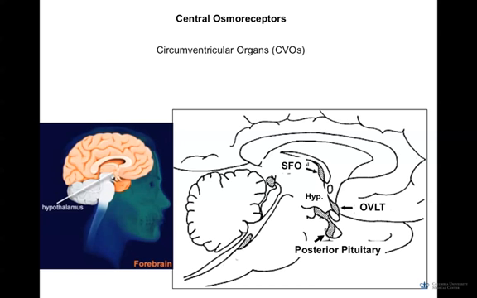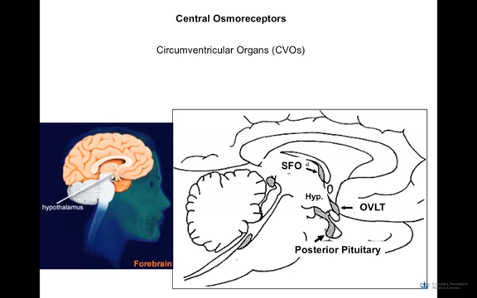So there is a part of our brain, remember we talked about these circumventricular organs when we talked about the nervous system. These circumventricular organs are portions of the brain that are sitting near the ventricles, and they are capable of sensing the composition of plasma. They have a blood-brain barrier that's just a little bit more leaky, and so they sense the composition of plasma.